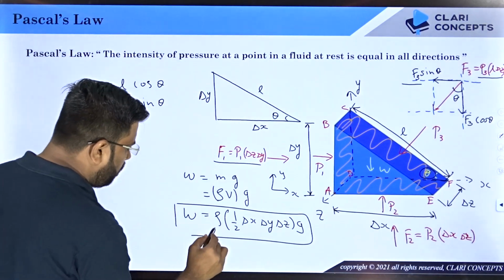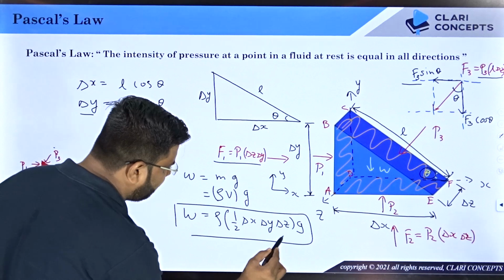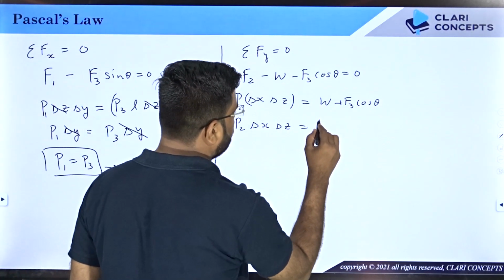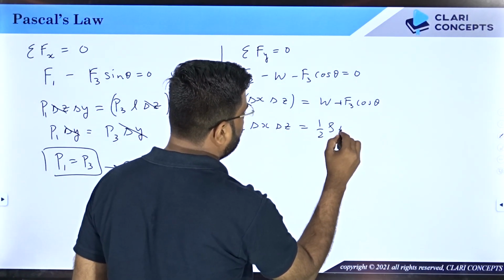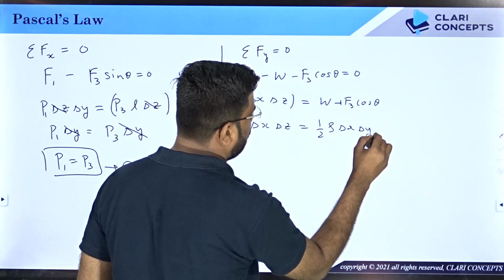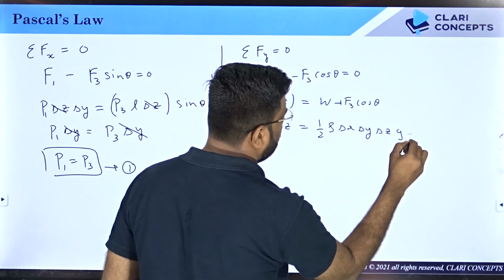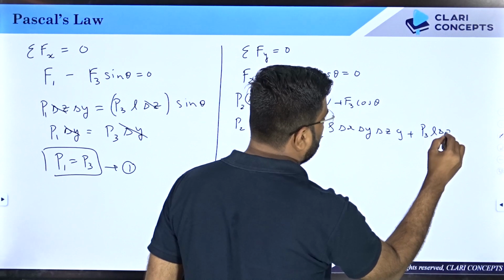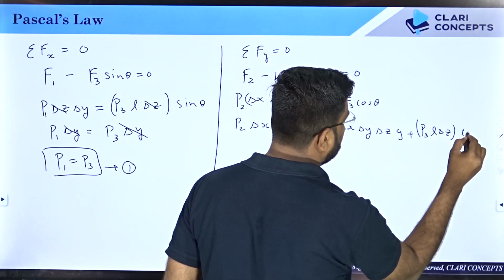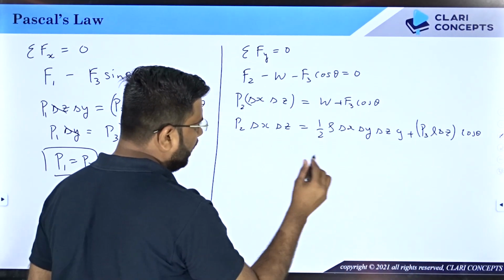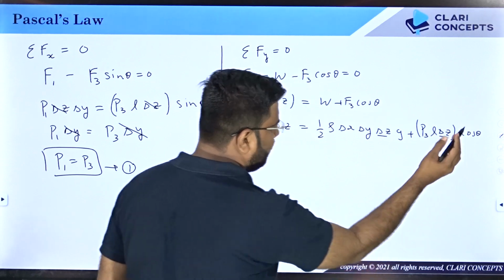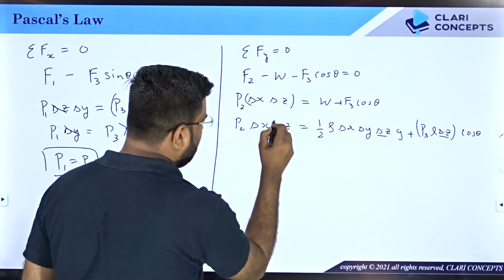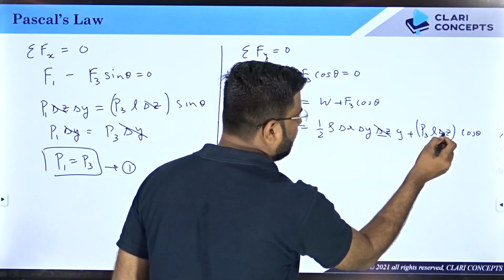W is 1/2 rho delta x delta y delta z and g, plus F3 is P3 L delta z into cos theta. Now you take delta z common from the right hand side and cancel it with this. So this delta z will get cancelled.